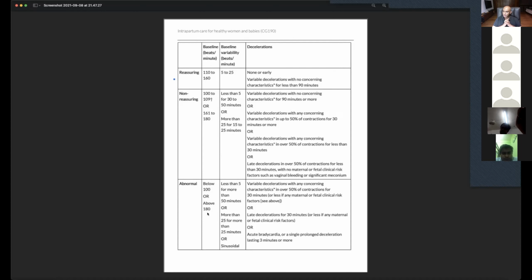Got it? Clear? Right. Now, what is important is the deceleration part. So look at this. Decelerations, if it is reassuring, there is none. No decelerations means reassuring.